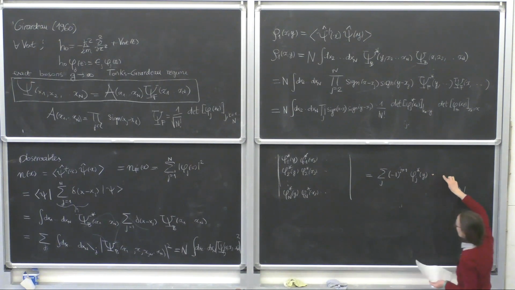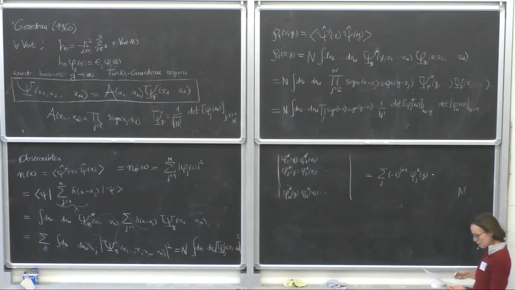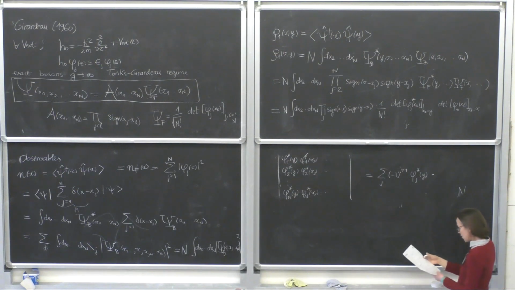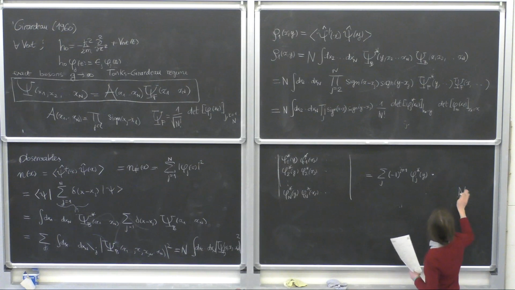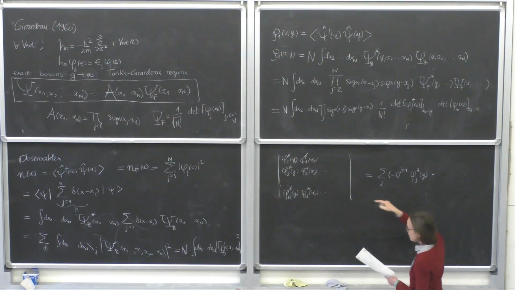And here I get the remaining terms, that is a minor of the determinant where I take out the jth line.